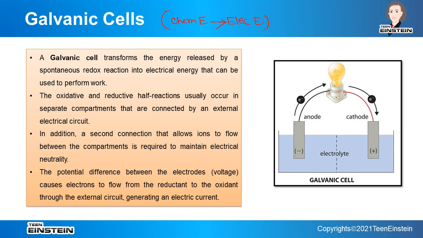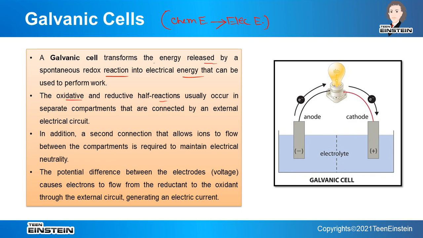So here we will use spontaneous chemical reactions so that the released energy can be used to make the electrons move. The galvanic cell transforms the energy released by a spontaneous redox reaction into electrical energy, and this electrical energy can be used to perform work. Redox reaction means an oxidation-reduction reaction going on simultaneously.